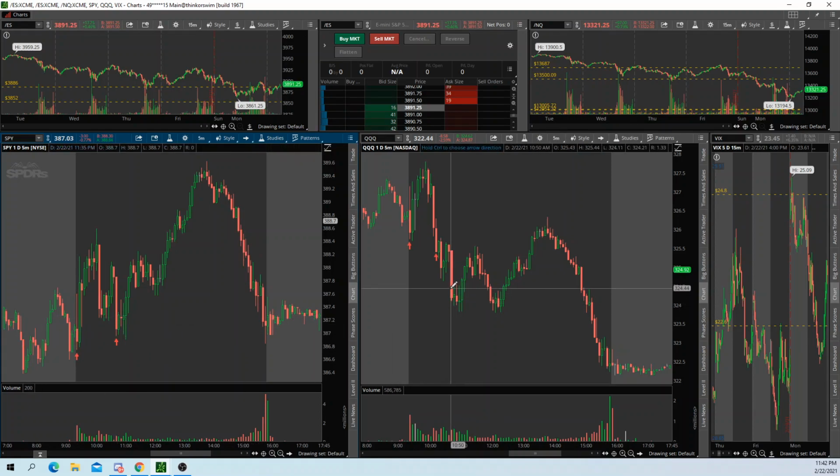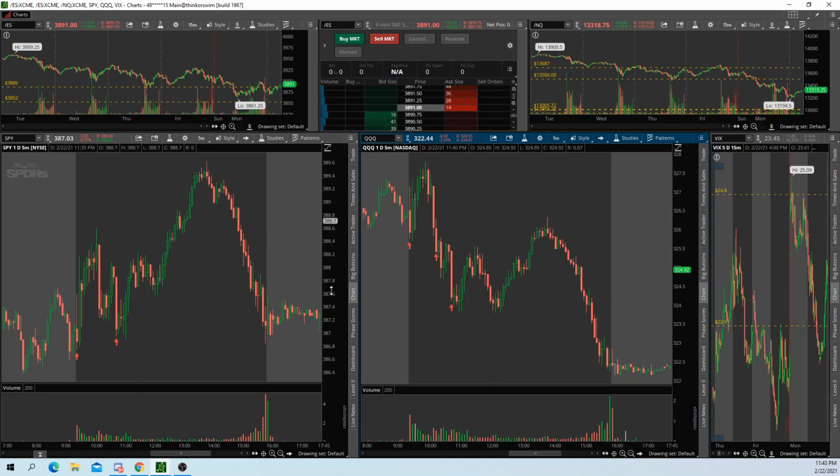If we go to QQQ at 10:50, you can see it was an even lower low as opposed to the second low. So this was the first low, this was the second low, third low. Each time it made a new low, it was lower than the prior one, whereas SPY was higher. Like I said, this was the telltale sign that ES was stronger than NQ.